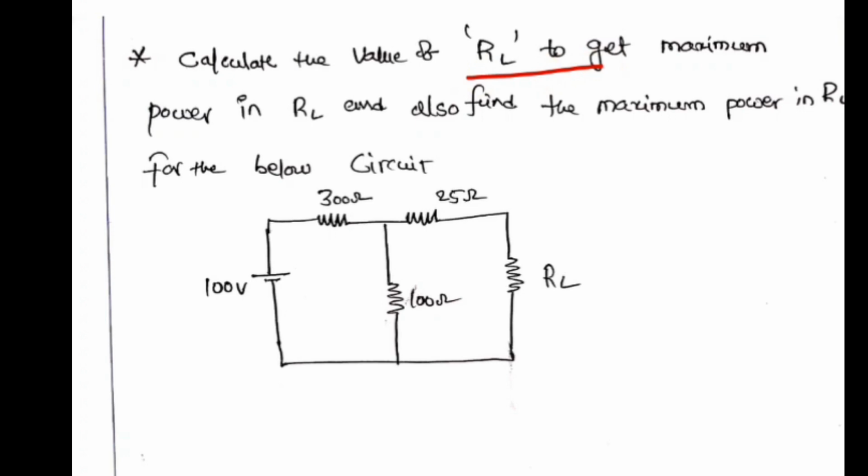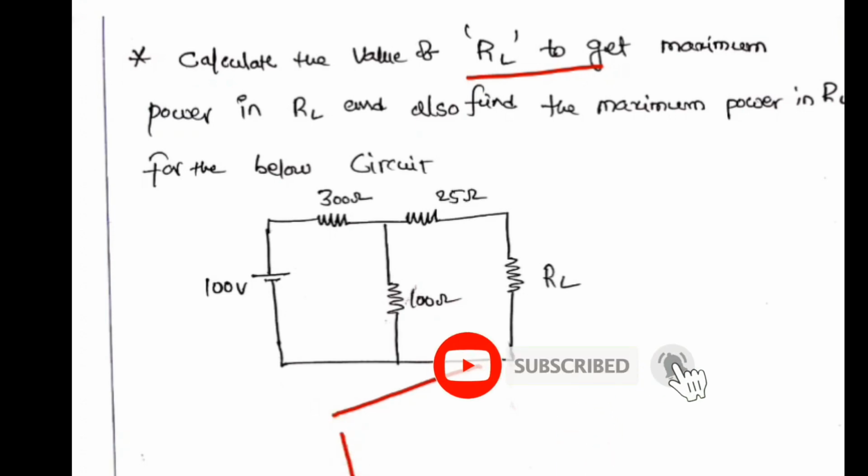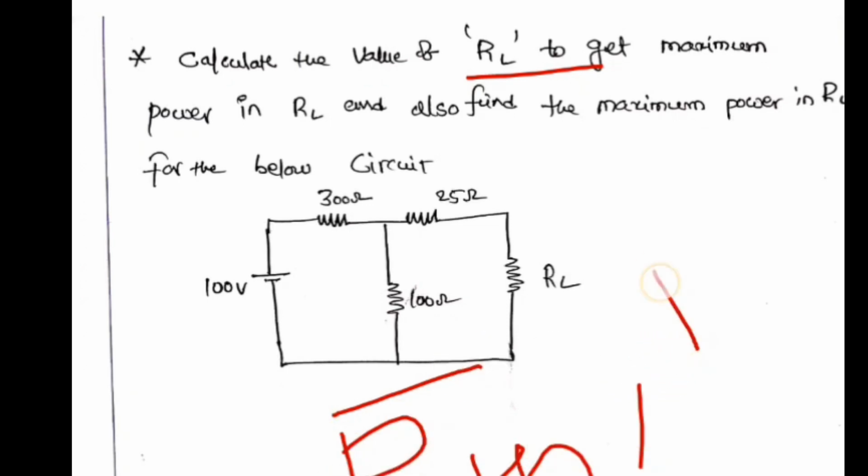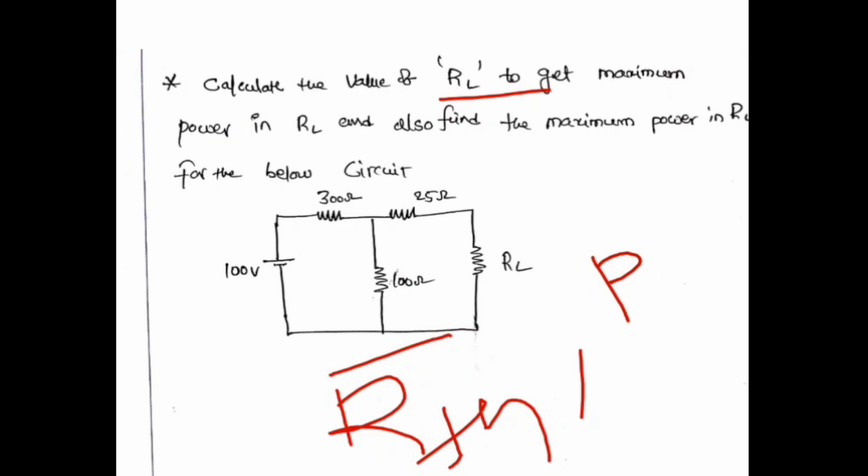Similar to the previous example I explained, based on that, do it and comment the two answers: what is Ri, or R Thevenin, and what is the maximum power? Pmax equals V square by 4RL, which we have to substitute. Comment the two answers.